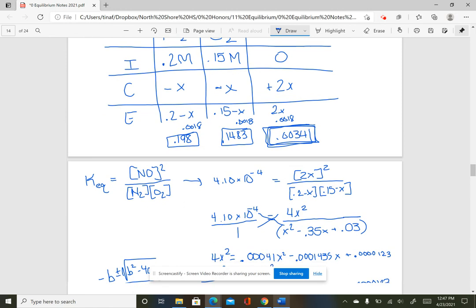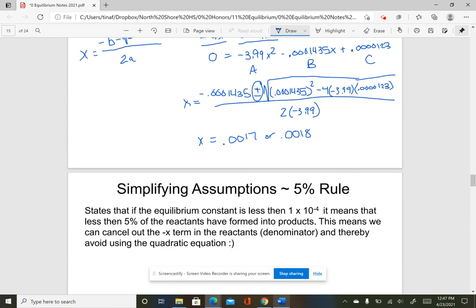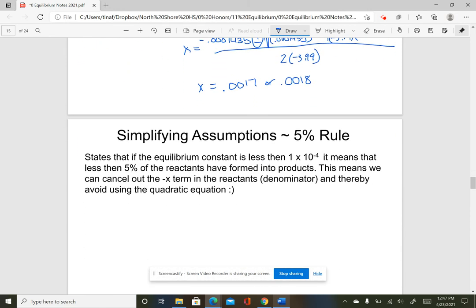So what I want to show you is a way that you can cheat so that you can still get the right answer without using the quadratic equation. You're going to cheat by using the 5% rule.